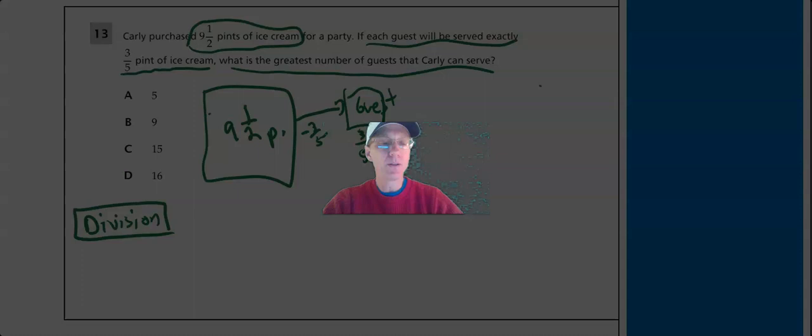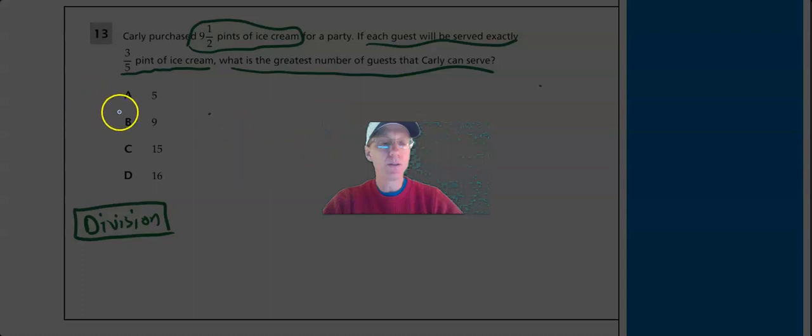Let's see, on this one, let's do something different. Let me get rid of this here. Let's look at another creative way to do it. So we want to know how many guests. Each guest gets 3/5. So what if we say, here's one guest, 3/5. And we have how much ice cream altogether? We have 9 1/2. That's our total ice cream, 9 1/2 pints.